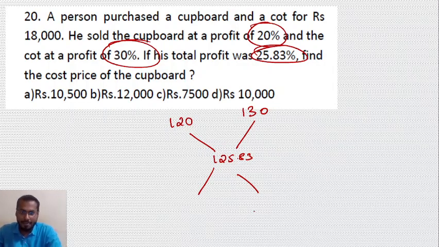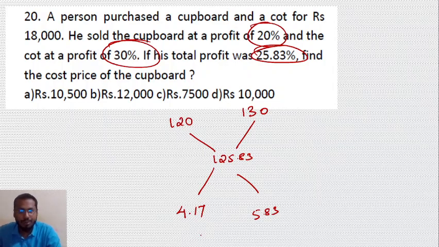Here 5.83 is the difference, and here 125, here 130, so it will be 4.17, right? 4.17, that's it.